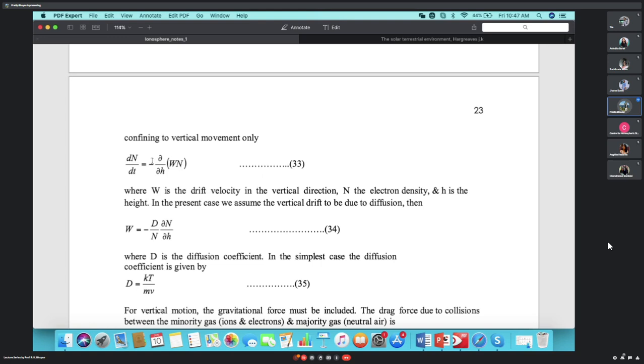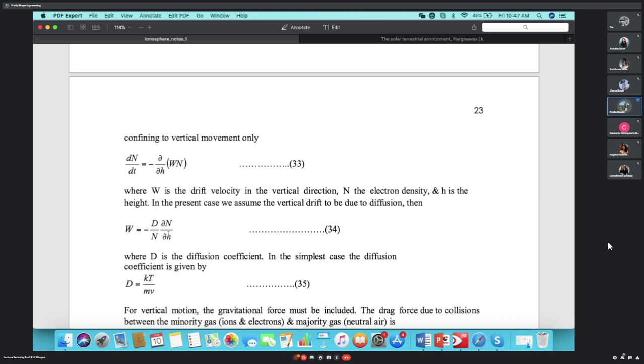In this equation, we assume the vertical drift is due to diffusion only. We are not considering other factors. It is diffusion only. So w is equal to minus d by n del n by del h, with the minus sign because it is a loss term.